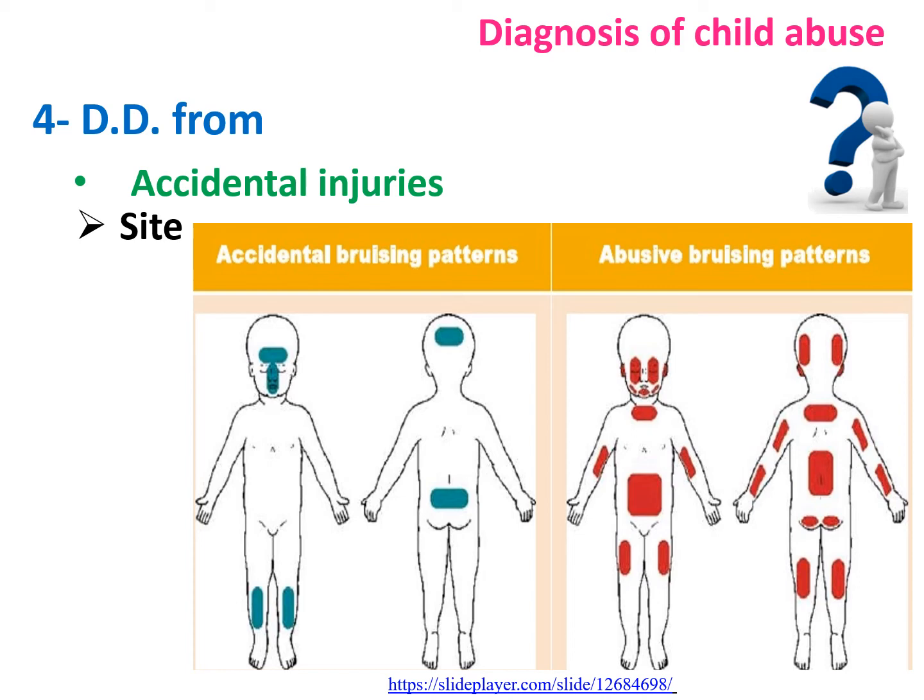So the sites for abusive bruising are more than the sites for accidental bruising, which is limited to the areas on which the child usually falls.